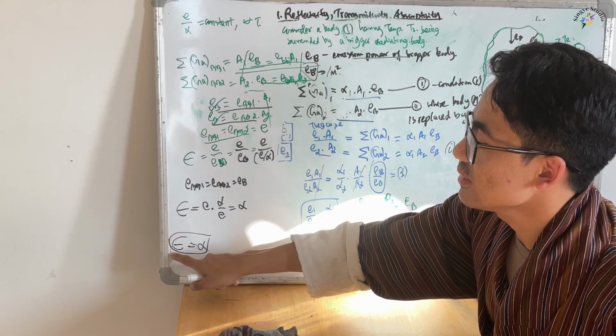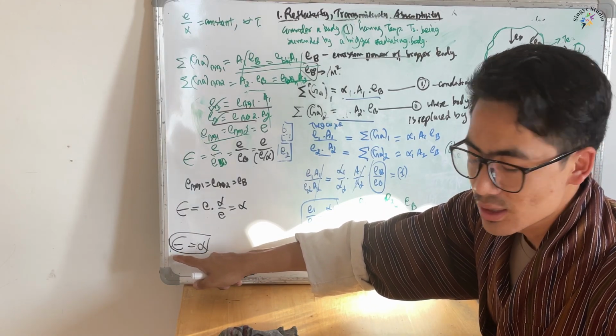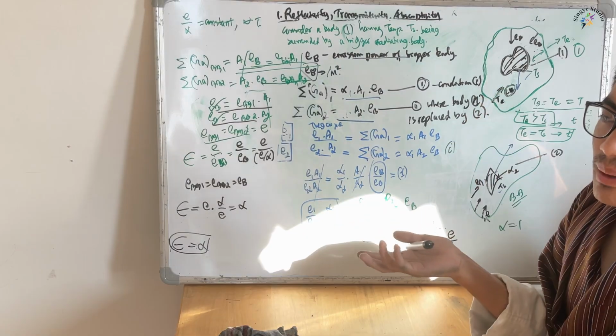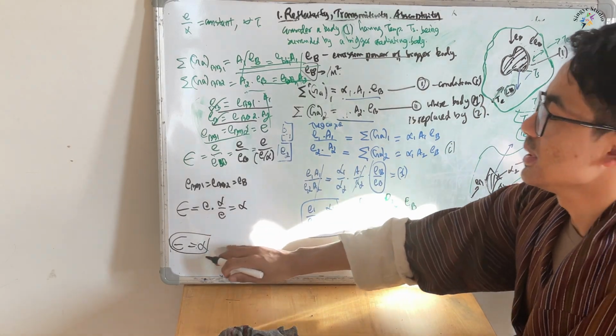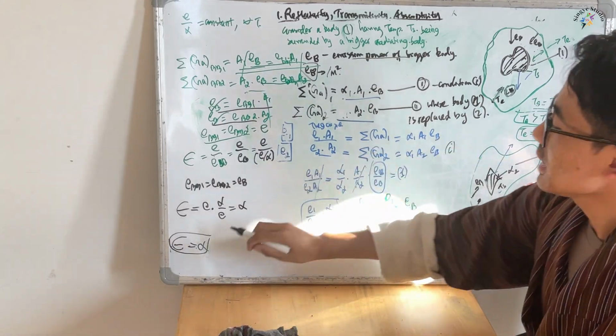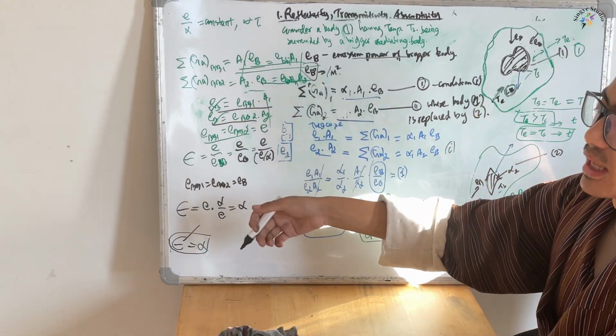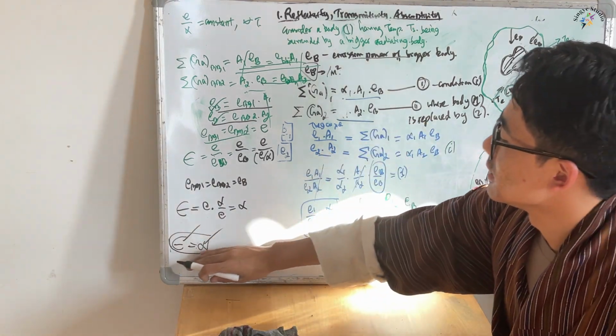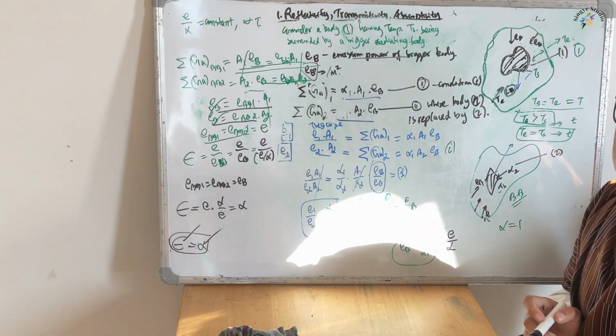The emissive power of the body compared to the black body is equal to the amount of rays absorbed by the body itself. Whatever the body can emit is equal to whatever it has absorbed, which means this formula is also based on the law of conservation of energy.